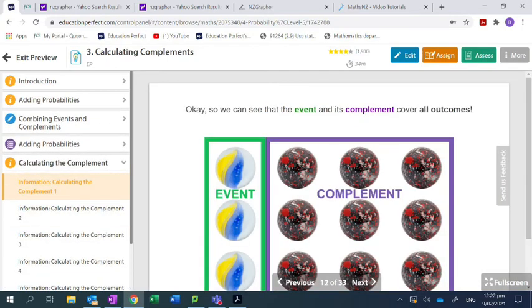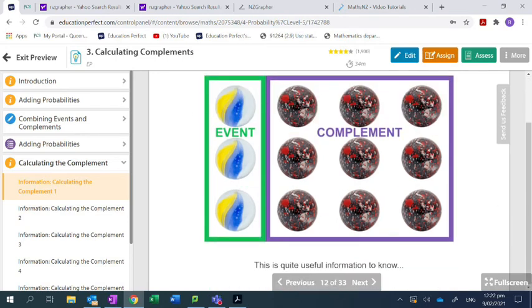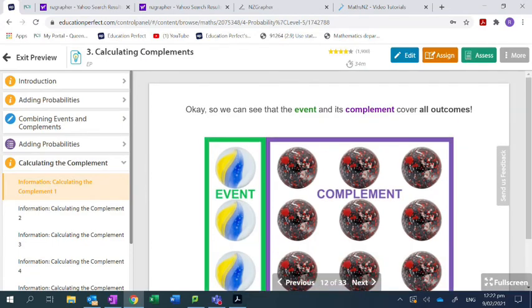Okay. So here, you can see the event and its complement. Together, they cover every possible outcome. That's where we started. The complement together with our event, all of it combined, covers every possible outcome, which is also known as something else. What is it if you make a list of every possible outcome? What's it called?